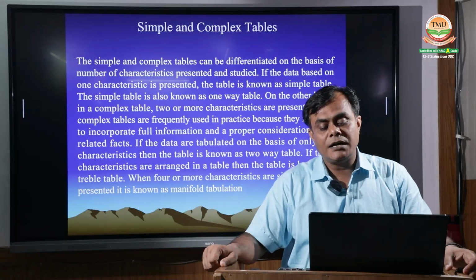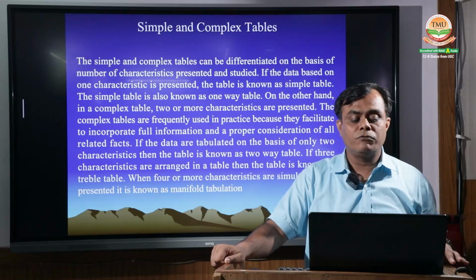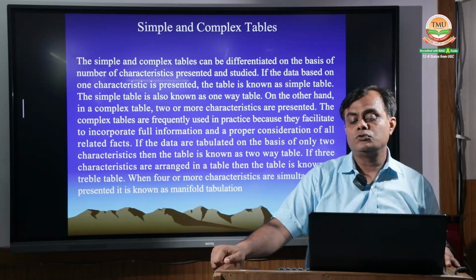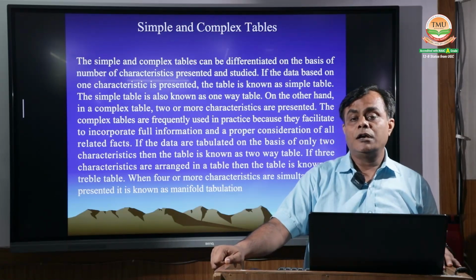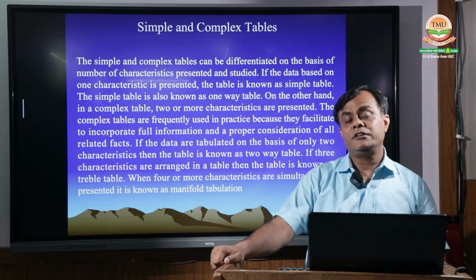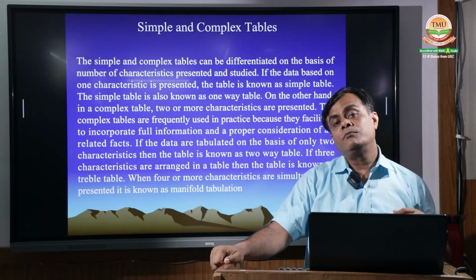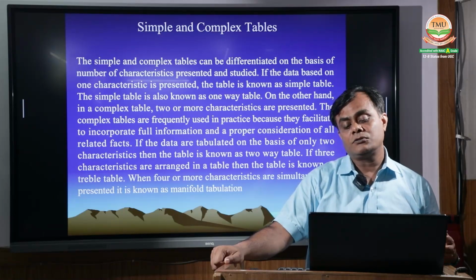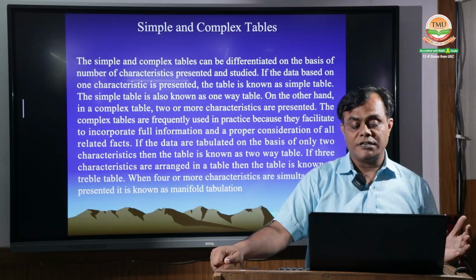If the data are tabulated on the basis of only two characteristics, then the table is known as a two-way table, and if the data have three characteristics, it is known as a three-way table, or if data have more than three characteristics, that is called a manifold table.